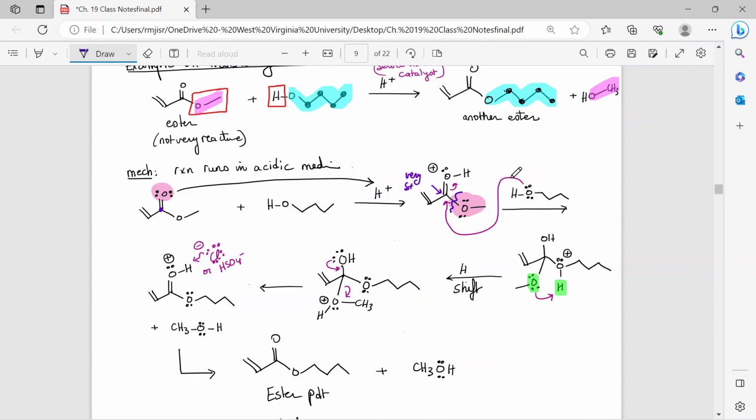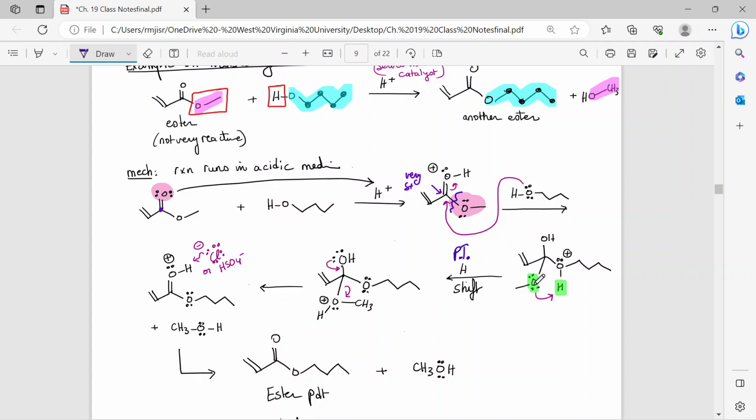So once the alcohol adds to the carbonyl, you will have an extra hydrogen, which is on the oxygen. It's this extra hydrogen. So you can simply do a proton transfer in order to allow this oxygen over here to have a positive charge.